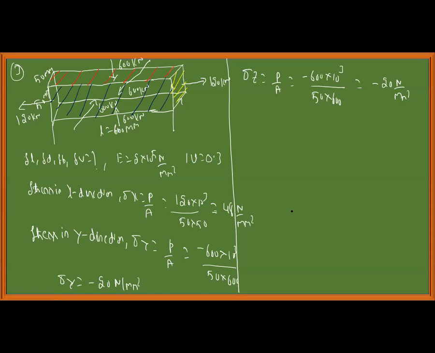Change in length: I can do it as epsilon x, which is equal to, I will write the generalized Hooke's law formula, sigma x by E minus nu times sigma y by E minus nu times sigma z by E, which is equal to 1 by E into sigma x, it's 48, minus nu, which is 0.3, sigma y, it's minus 20, minus nu, 0.3, sigma z, minus 20, divided by E, which is 2 into 10 power 5. Tell me what is epsilon x.